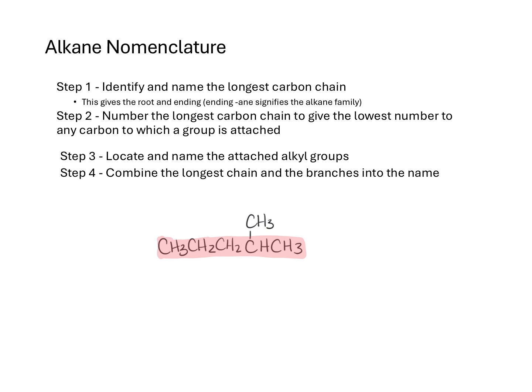Okay, and then we count that longest chain, and that gives us the root name. Now these are all connected with single bonds, so that would be then pentane, right? Pent because there's 5 carbons, and ane because this is an alkane. There's all single bonds there.